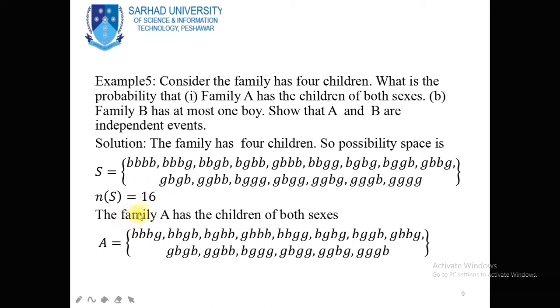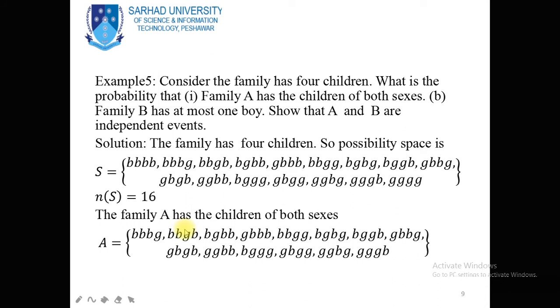Now this is our choice. Family A has children of both sexes. For this description, the outcomes for this event A will be B, B, B, and G. In this outcome, the children are of both sexes.